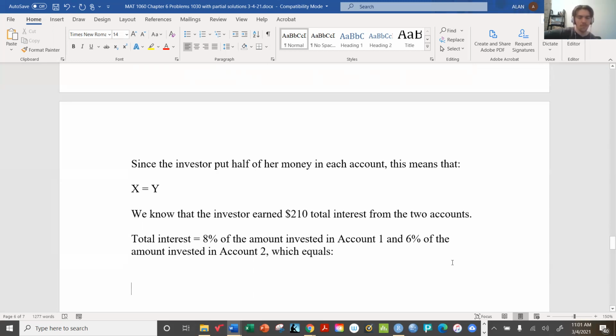We're going to convert them into decimals. 0.08x plus 0.06y. And we were told that that adds up to $210. So that's our second equation.